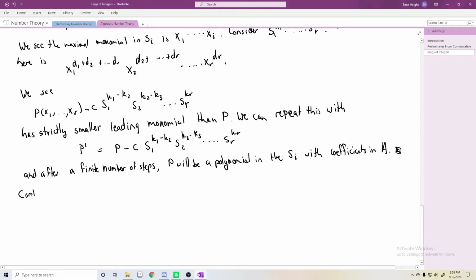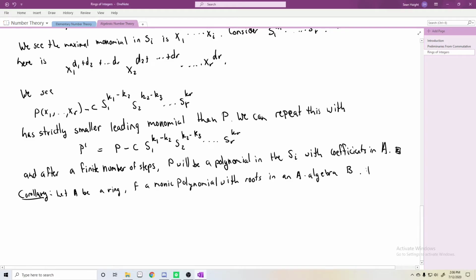The first corollary, let's say, let A be a ring, a monic polynomial with roots in, let's say, an A algebra B. I'll say this a different way.